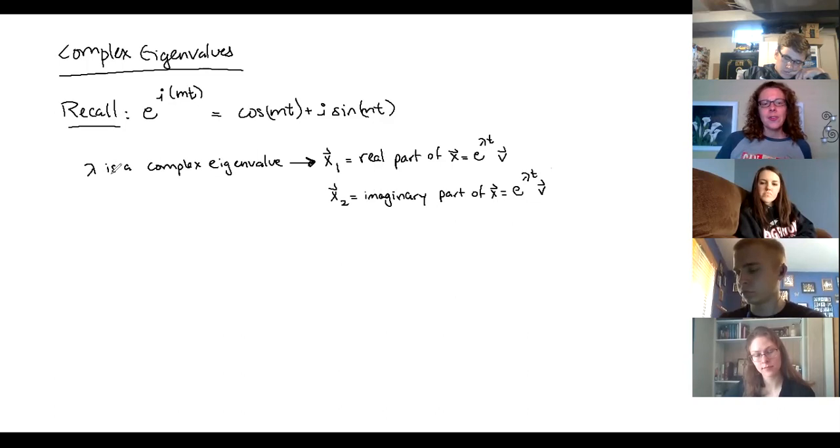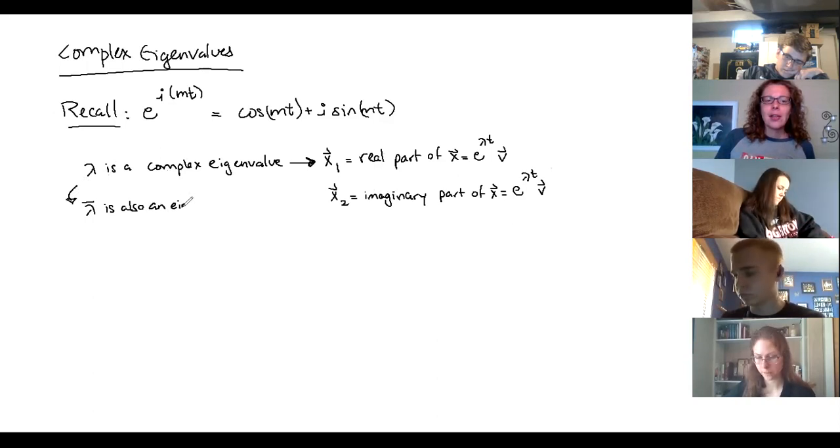And the reason for that is because also remember that if lambda is a complex eigenvalue, lambda bar is also an eigenvalue. Remember, eigenvalues come in pairs. So lambda bar is the complex conjugate of lambda.